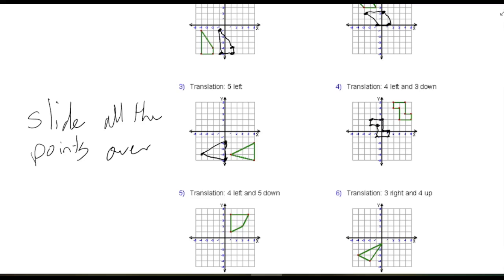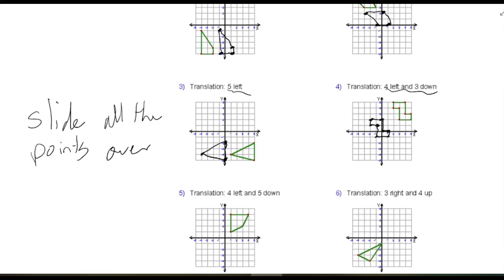Okay. So as we see, we have this kind of Z-looking shape, and we have it 4 units left and 3 units down. So you kind of get an idea of what we're doing here, right? We're just sliding over all the points by exactly what the question tells us to.